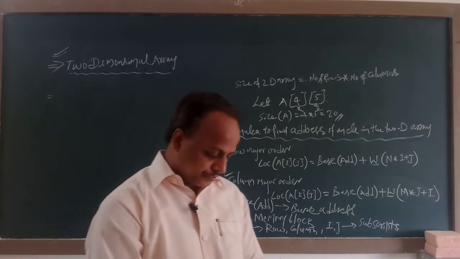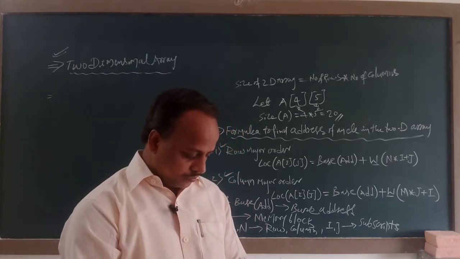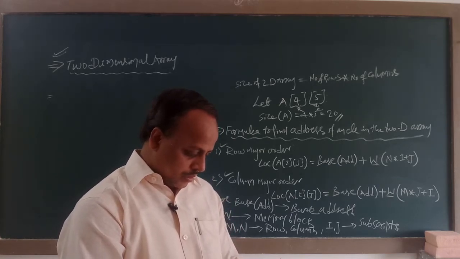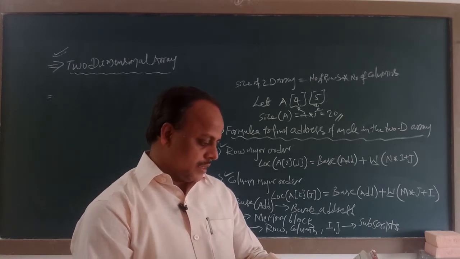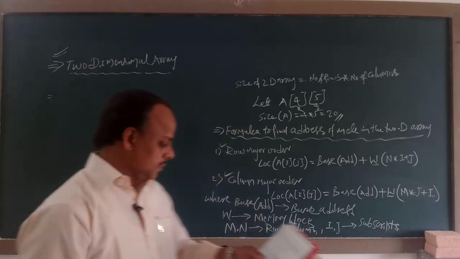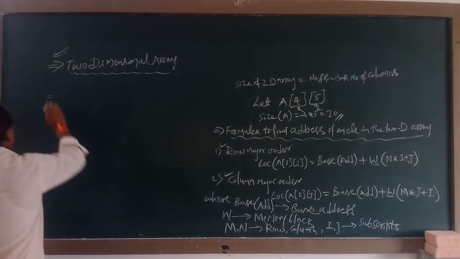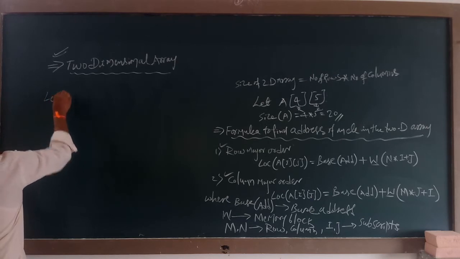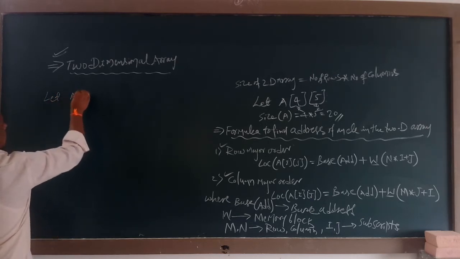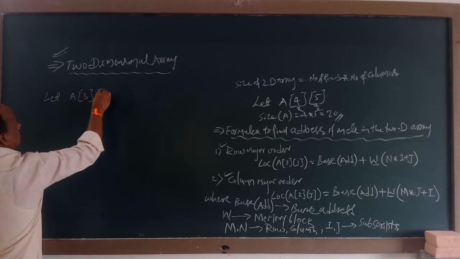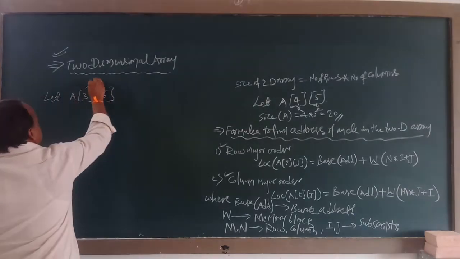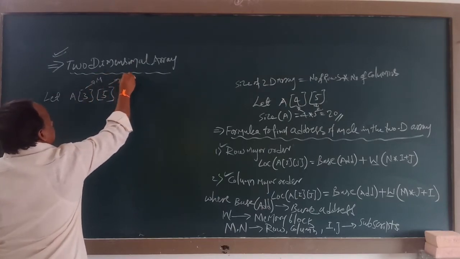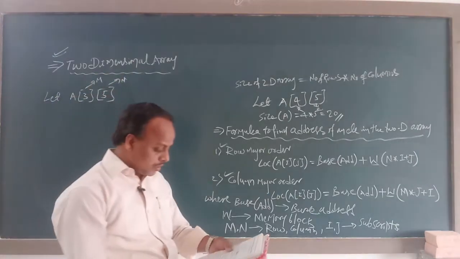Let us consider an array A of 3, 5, where 3 represents m and 5 represents n, the number of rows and number of columns.